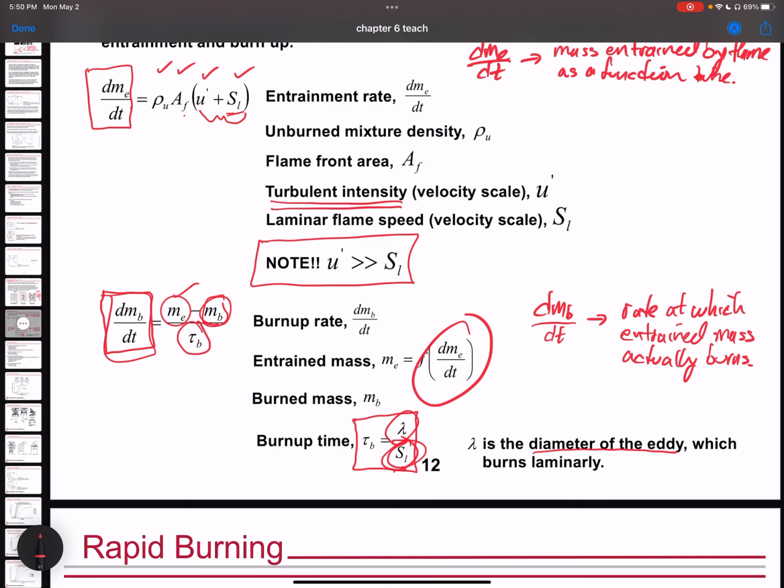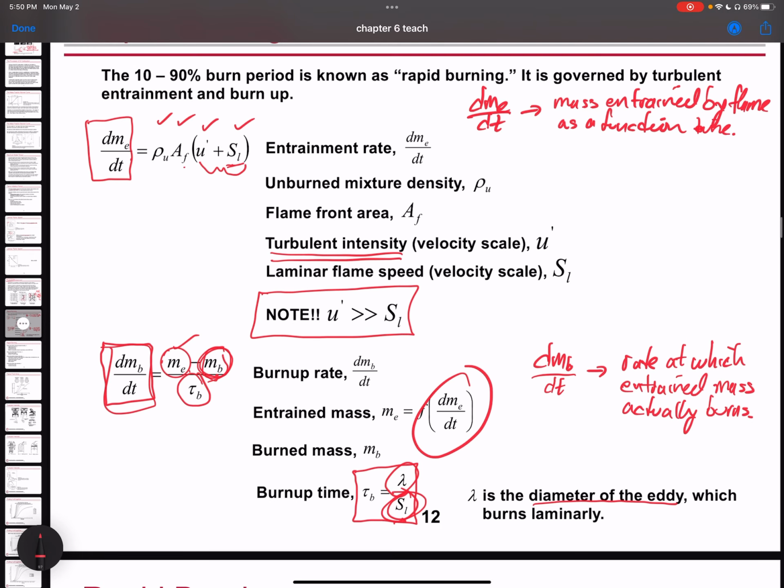As you can imagine, initially this dmB/dt starts off small, increases rather drastically as the entrained mass increases, but the burned mass is low. But then as you entrain mass and burn it at the burn-up rate, the burned mass eventually starts to rise and begins to meet the entrained mass, and then the burn-up rate eventually decreases and finally goes to zero as the burned mass equals the entrained mass.